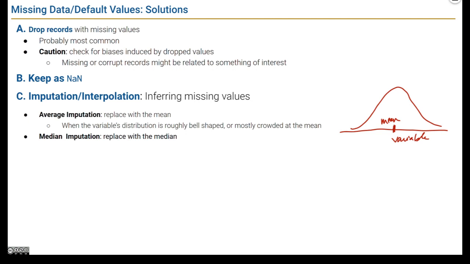Another alternative is the median. The median is the middle value of all of the values for a given variable. In this case, when it's symmetric, the mean will be equal to the median in this first picture.